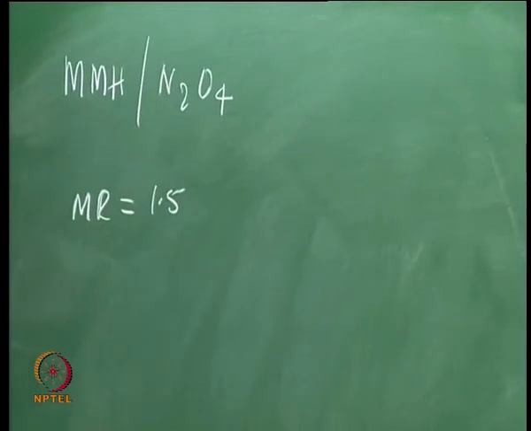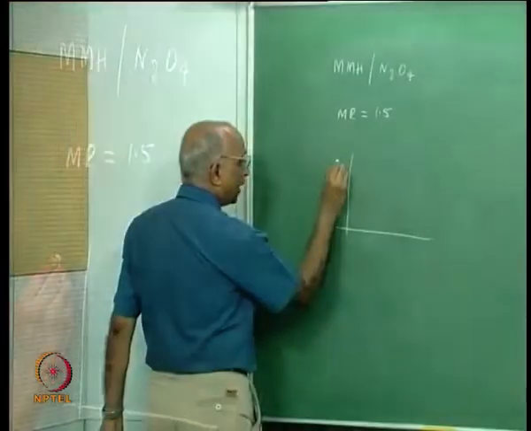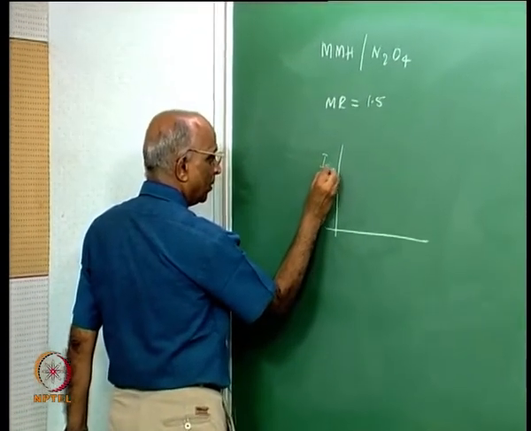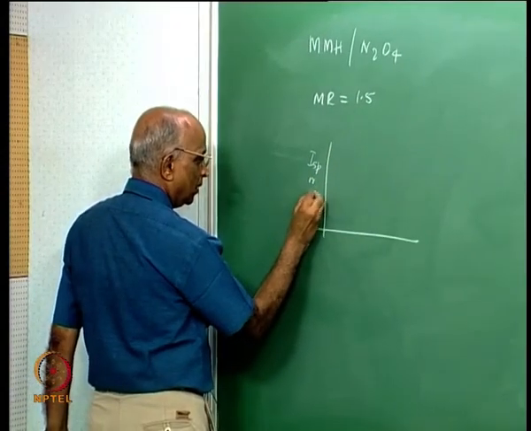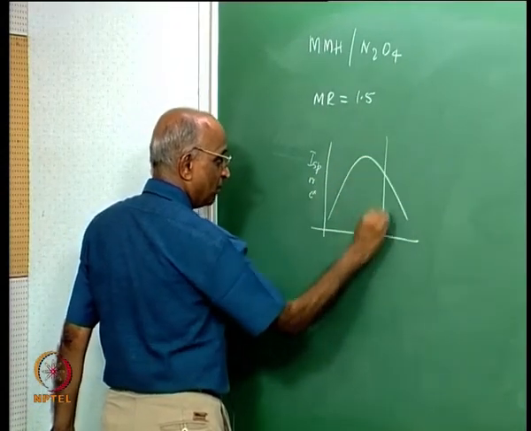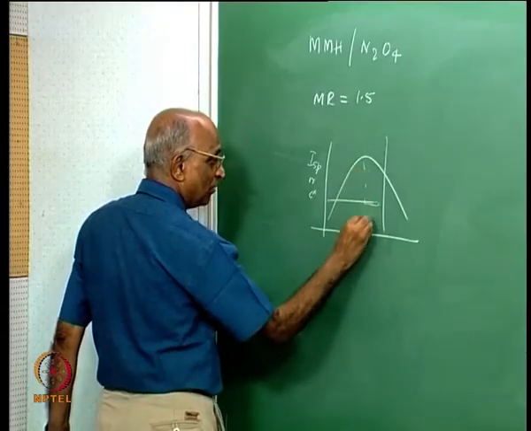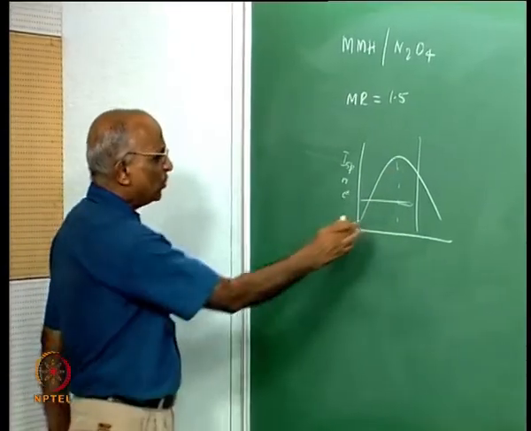That means the moment I choose a propellant I also choose the mixture ratio. Why? Because we told ourselves that if I plot ISP or C star, the ISP will be maximum in the fuel rich region and I will choose a fuel rich point. Therefore, this is known.